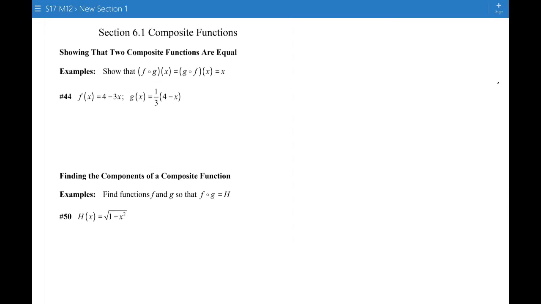Okay, so to show that two composite functions are equal, you have to go both directions and show that f of g of x is equal to g of f of x, and that they both equal x. So f of g of x says take this g function and put it in here where the x is.